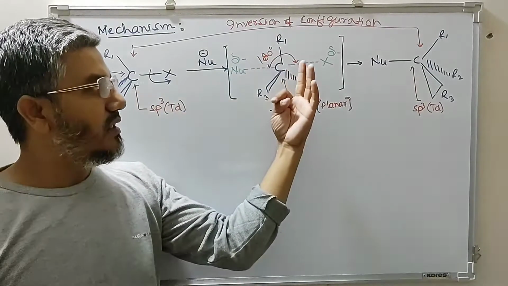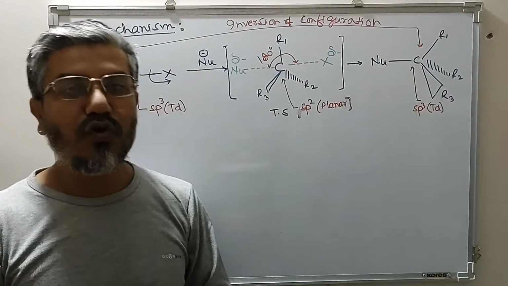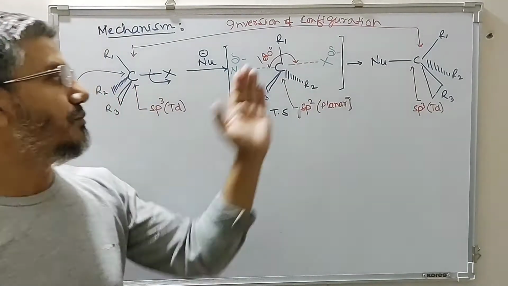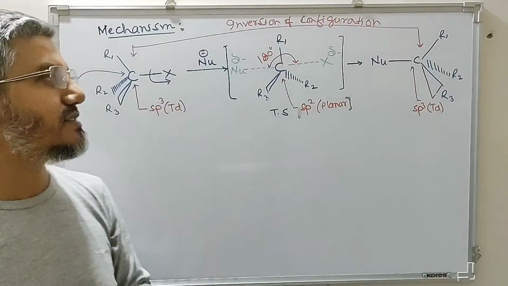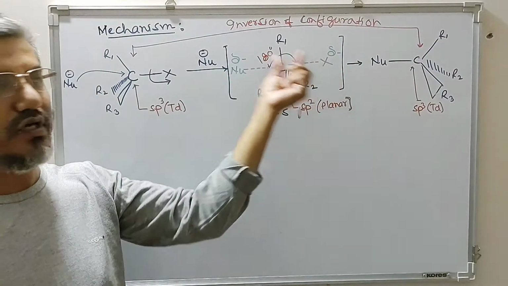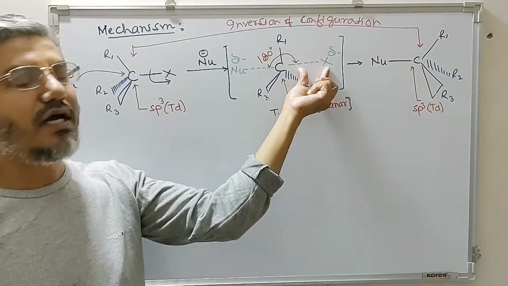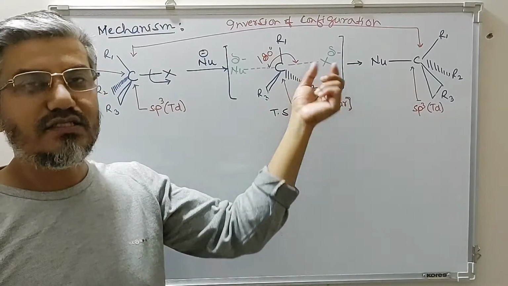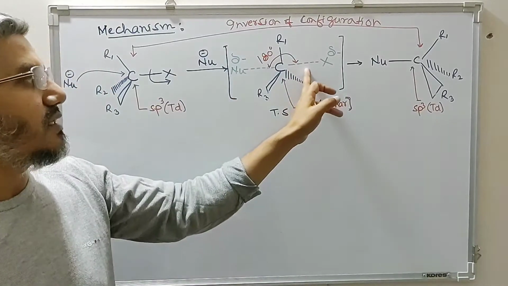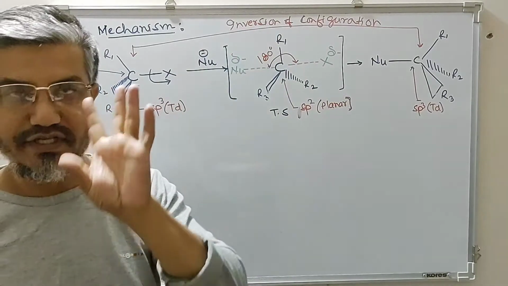Now as the C-X bond strength decreases, the breaking tendency will be more. So the weakest C-X bond is the C-I bond. So in the transition state, the C-I bond being the weakest bond or the longest bond, the breaking tendency will be more. As a result, alkyl iodide is the most reactive.